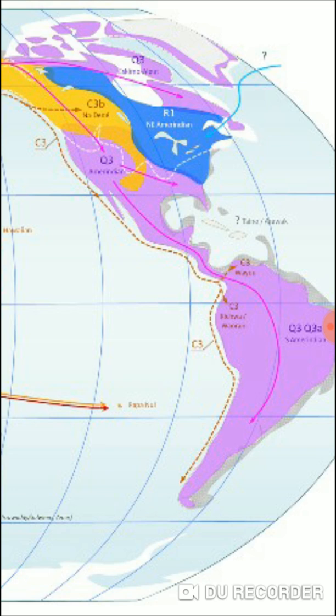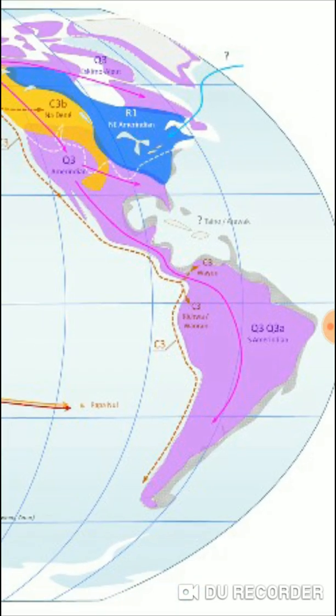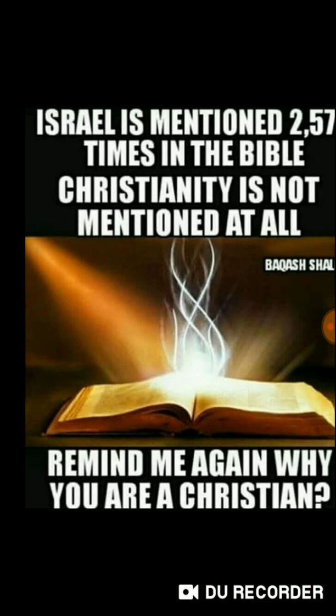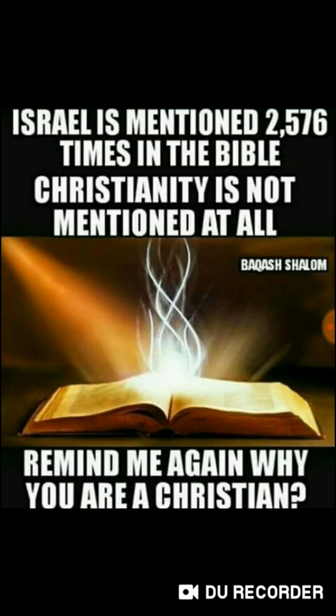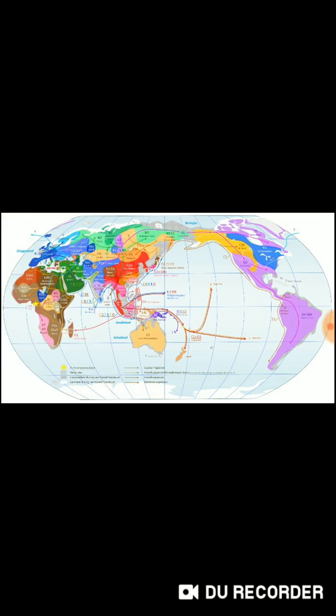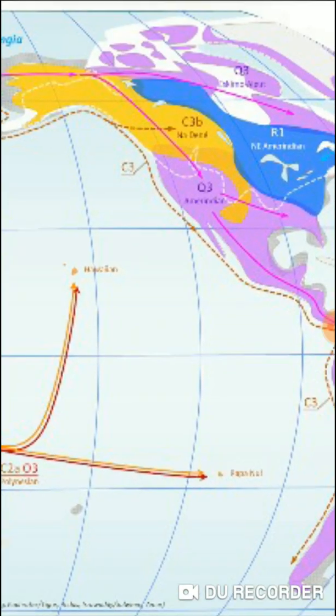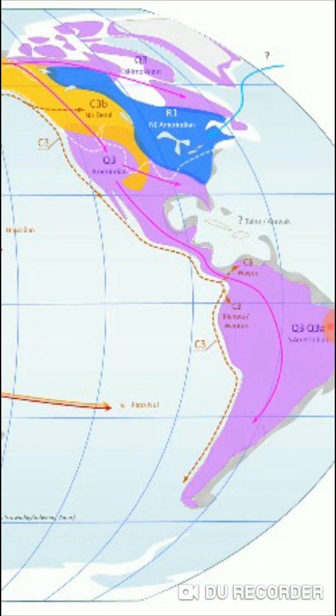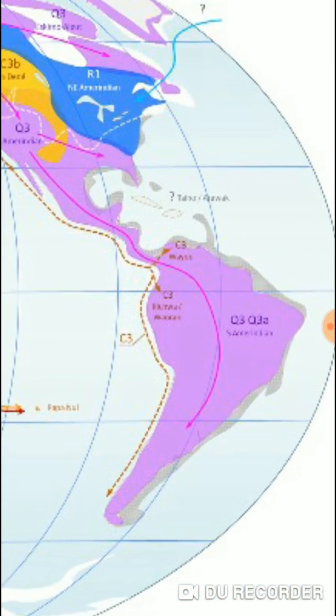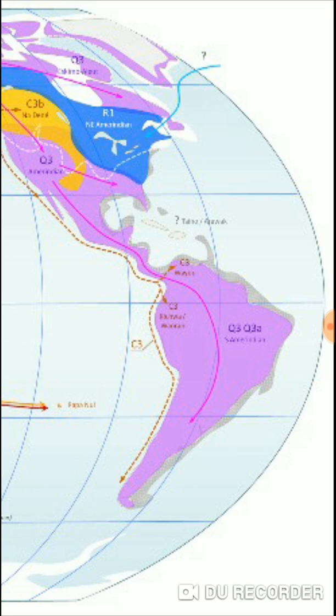On this map, you can't really see it, but on this, what is that? Okay, that's just another picture. On this map, you could barely see it, but right here in the region of Brazil, you have a O3A next to the Q3.